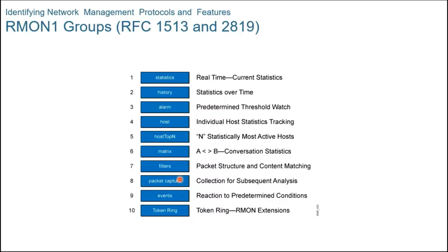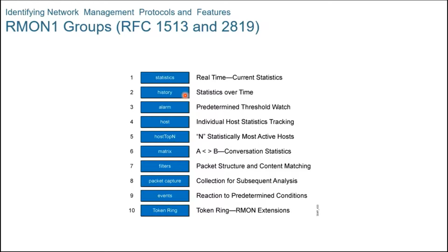We've got packet capture, events, and then of course the token ring. Now the statistics group contains statistics such as packets sent, bytes sent, broadcast packets, multicast packets, the CRC or cyclic redundancy check errors, runts, giants, fragments, jabbers, and so on.